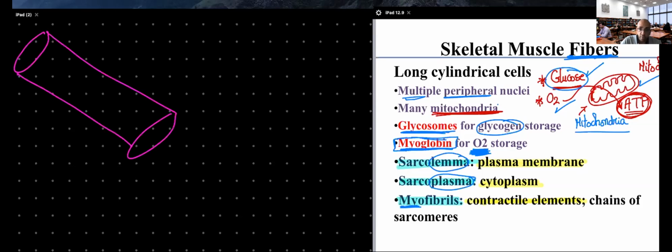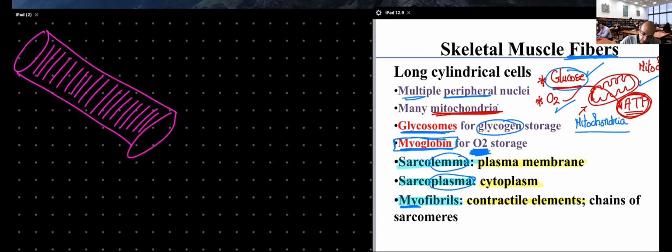Each muscle fiber, as we've mentioned, has striations, dark lines, lying adjacent to one another. We're going to be dividing the muscle fiber into contractile units. Each one of those units is going to be called my sarcomere.